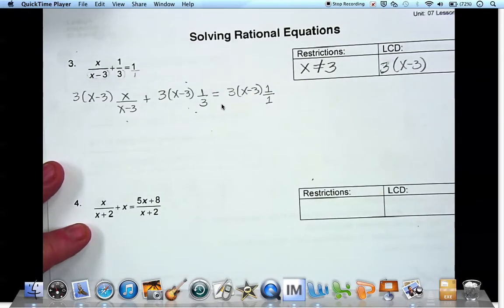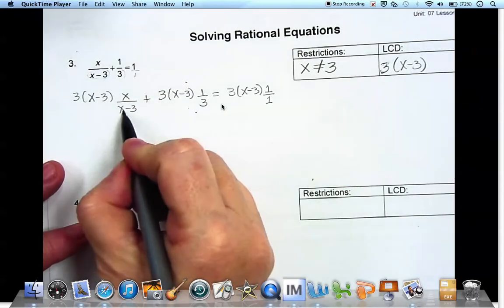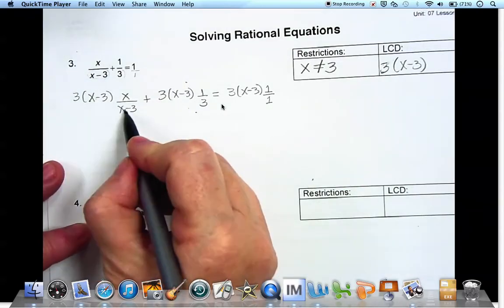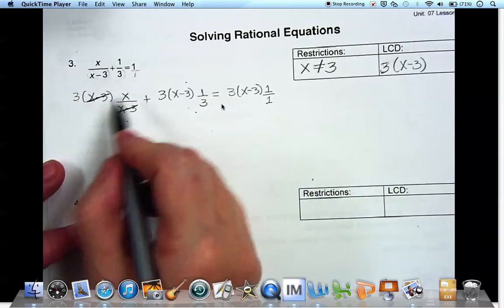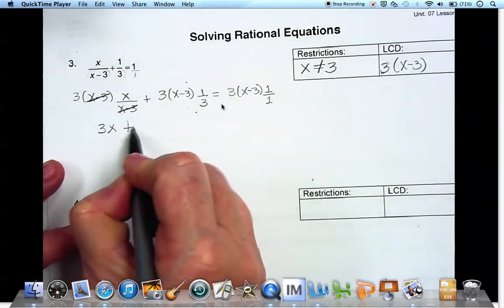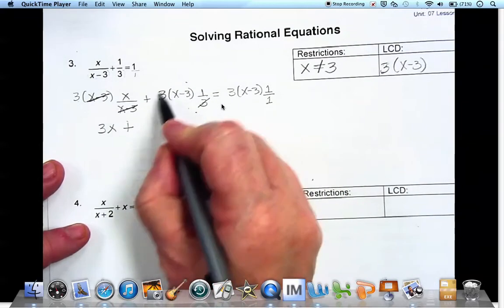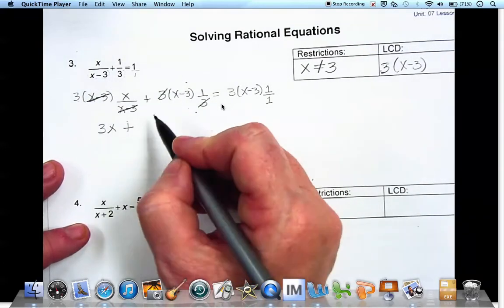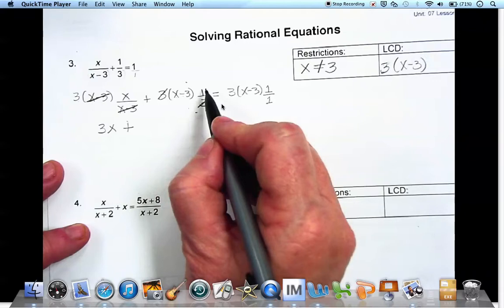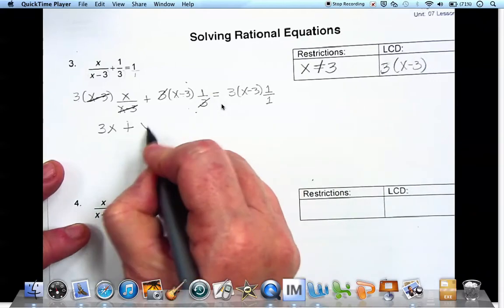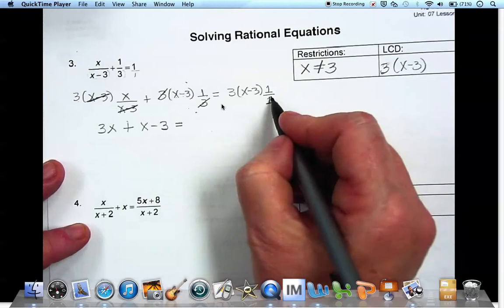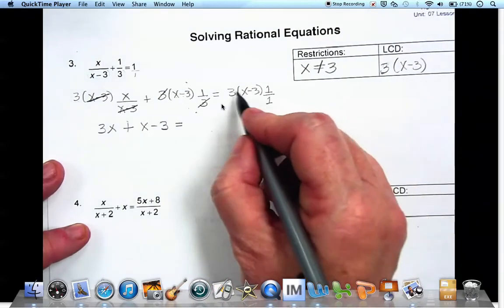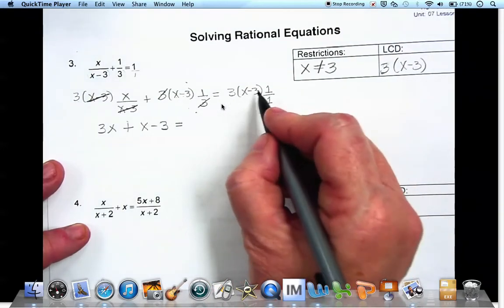All right, so since we have an x minus 3 on the bottom and an x minus 3 on the top, a married couple can cancel out with a married couple, and we have 3 times x, which is 3x, plus a single 3 can cancel out with a single 3, and we have x minus 3 times 1, which is just x minus 3, equals nothing here to cancel out. We just have 1 times 3 times x minus 3.